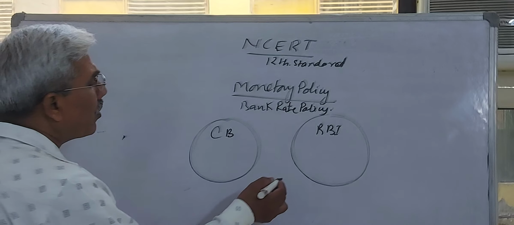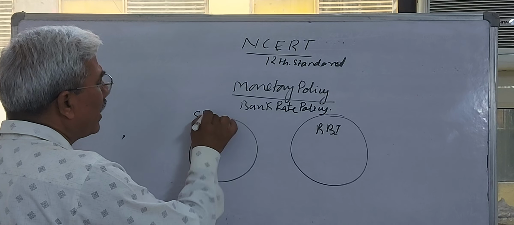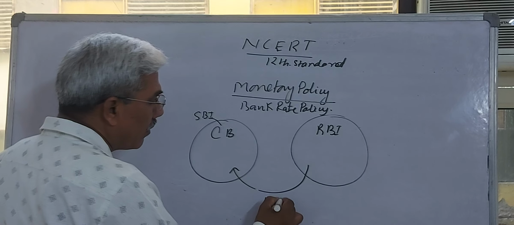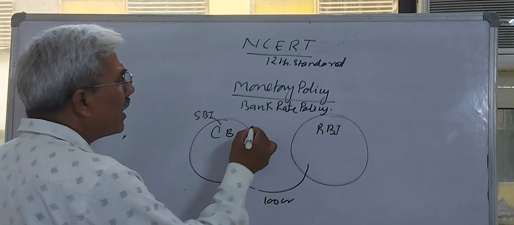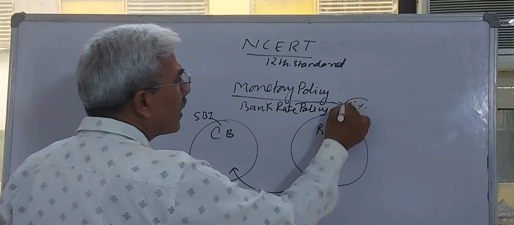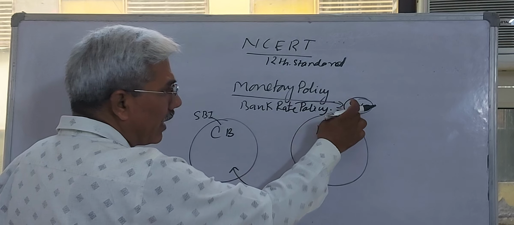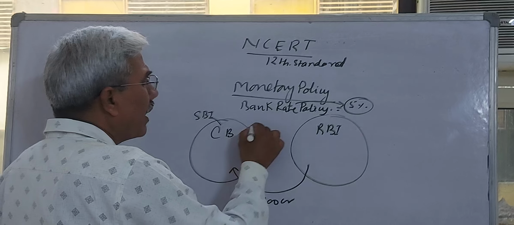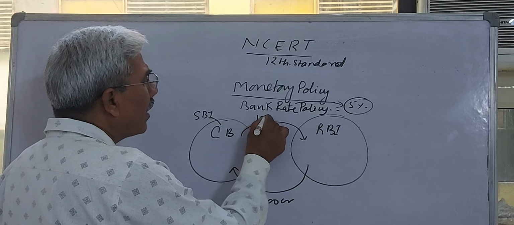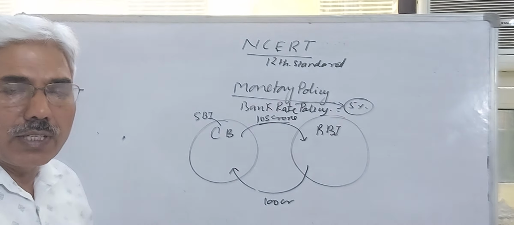Suppose State Bank of India, one commercial bank, say SBI, borrows 100 crore rupees from the RBI, and suppose the bank rate equals 5%. That is just for example. Under this bank rate of 5%, the commercial bank SBI will give 105 crore rupees of securities. What are the securities?